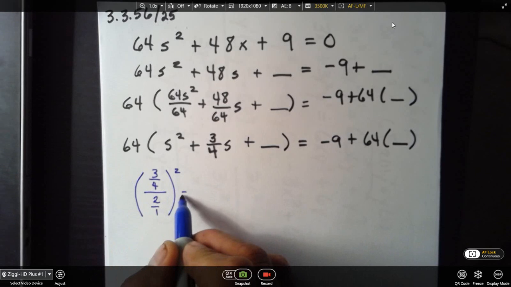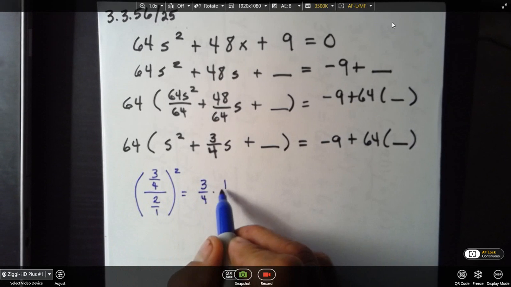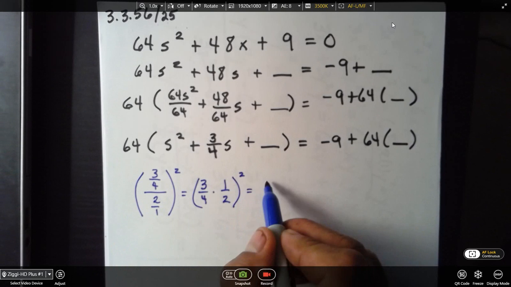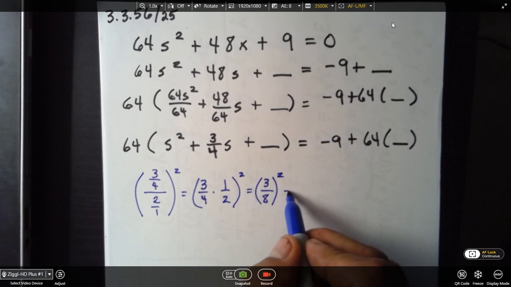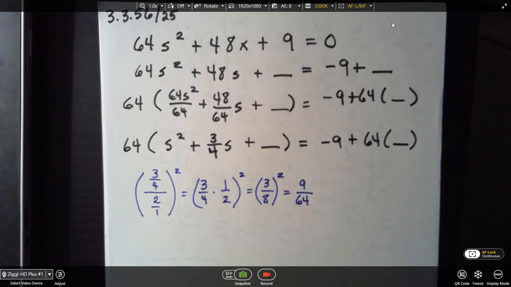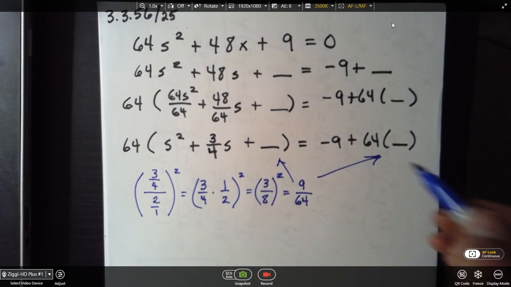That's 3/4 multiplied by 1 over 2, squared, and that's 3 over 8 squared, which is 9 over 64. So that 9 over 64 is going to go there and there.